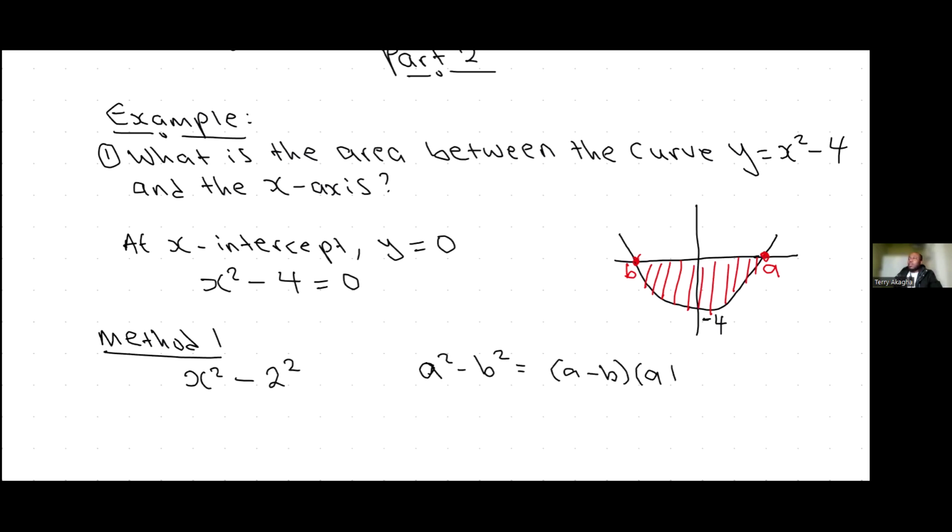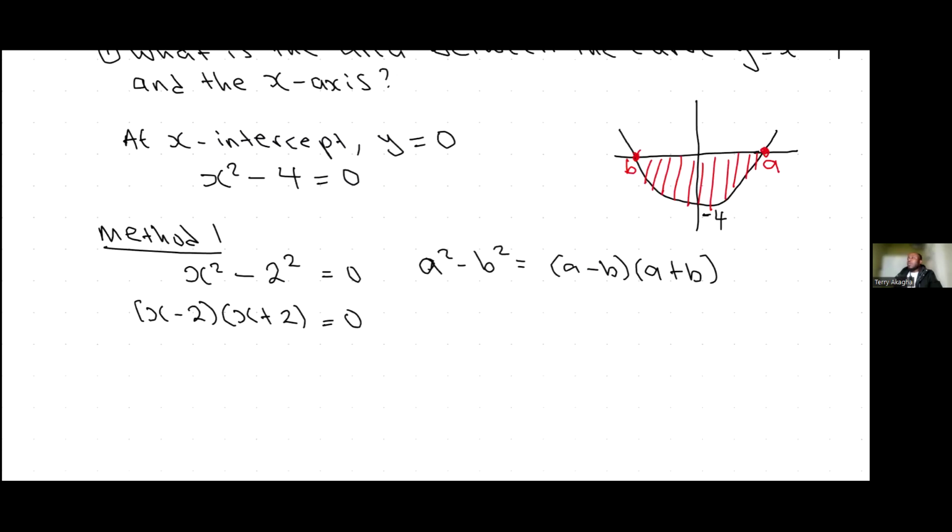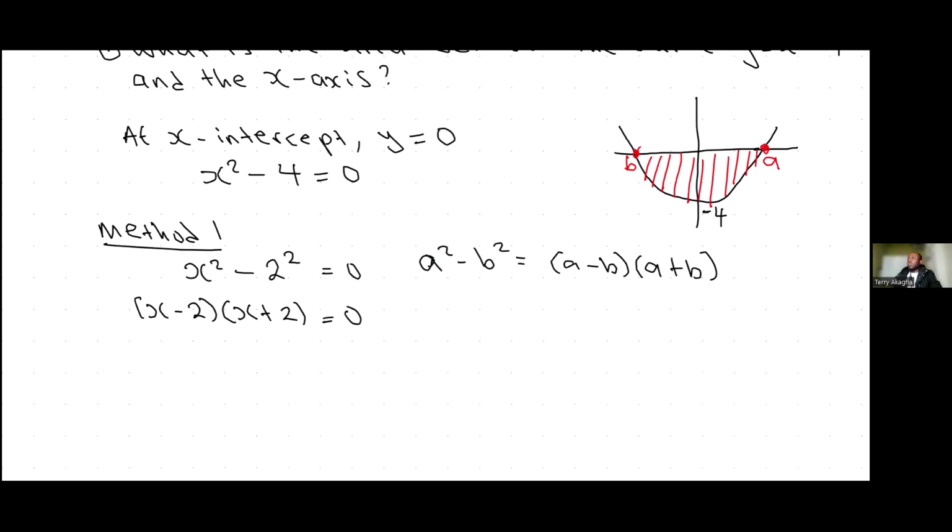So that means it's going to give us x minus 2 and x plus 2, which are equal to 0. Because they're equal to 0, x minus 2 will be equal to 0, or x plus 2 will be equal to 0. So x will be equal to 2 or minus 2. Are you seeing it? So this is using the difference of 2 squares method.